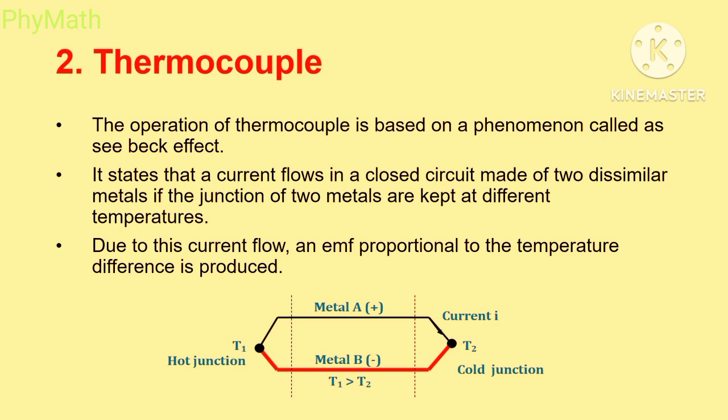Now this figure indicates that T1 is the hot junction and T2 is the cold junction. So the total EMF produced is directly proportional to the temperature difference, that is T1 minus T2, hot junction minus cold junction.